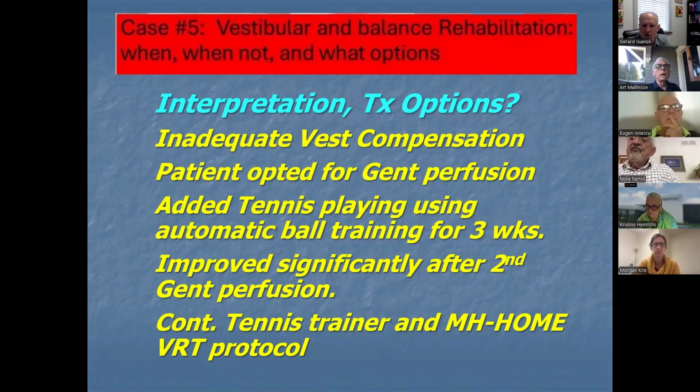So you use as your endpoint just clinical resolution of symptoms. And the resolution of the spontaneous nystagmus on exam, and also the vestibular spinal reflex. I remember sending him for posturography, and his posturography actually was pretty good by the end of the treatment.